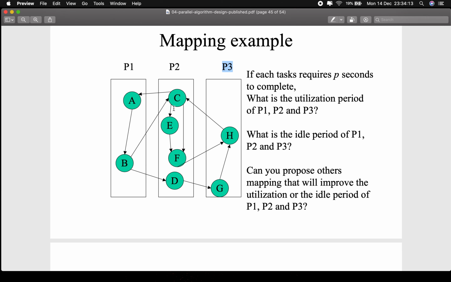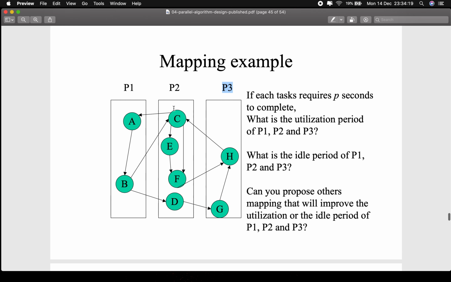This is a possible question that can come up in the mapping. You can map it using these steps, or this is just an example. P1 has tasks A and B, P2 has C, E, F, and D, and lastly the last processor has H and G.